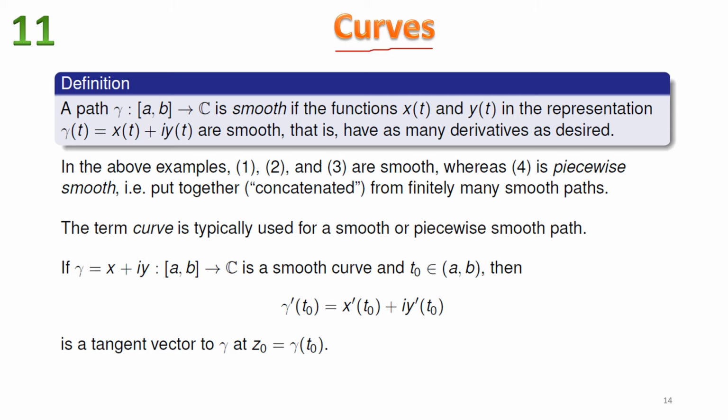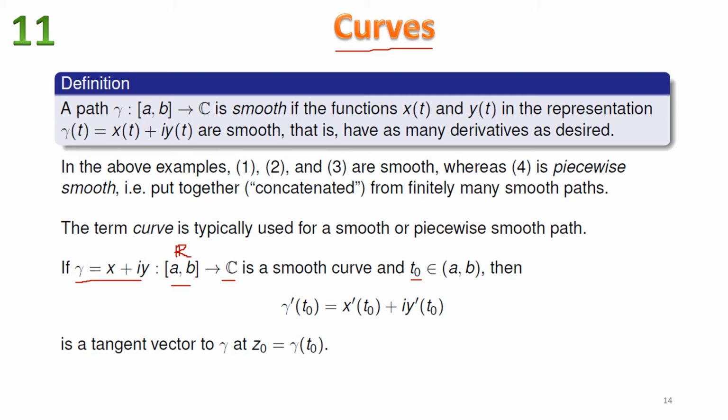Now let us suppose that gamma is equal to x plus iy on the interval a to b. This interval a to b is again over real variables, and it is mapped into the complex plane C, and gamma is a smooth curve, and t0 is in between a and b.